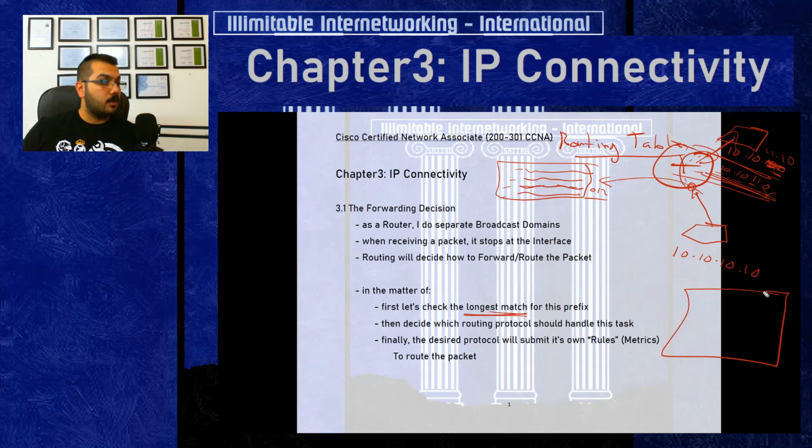Maybe you have just mentioned the route 10.10.11.0/24 to maybe FastEthernet 02, and the route 10.10.11.0/maybe 28. This is a smaller subnet than this one. Okay, you must notice that this one is much smaller than this one.